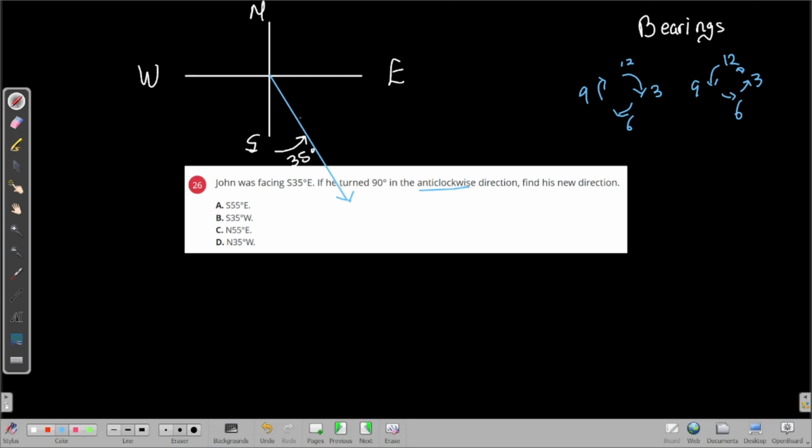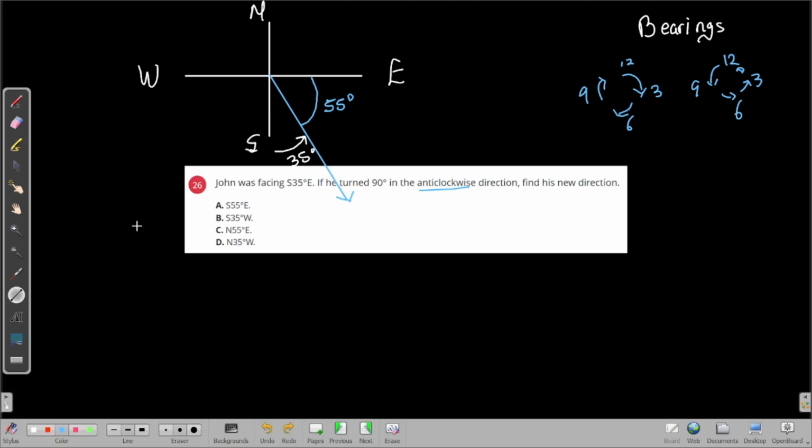So how do you measure 90 degrees? From here to here is 55 degrees, because you know that everything here is 90 degrees. So if from here to here is 35, then the remaining will be what? 90 minus 35, and that's 55.